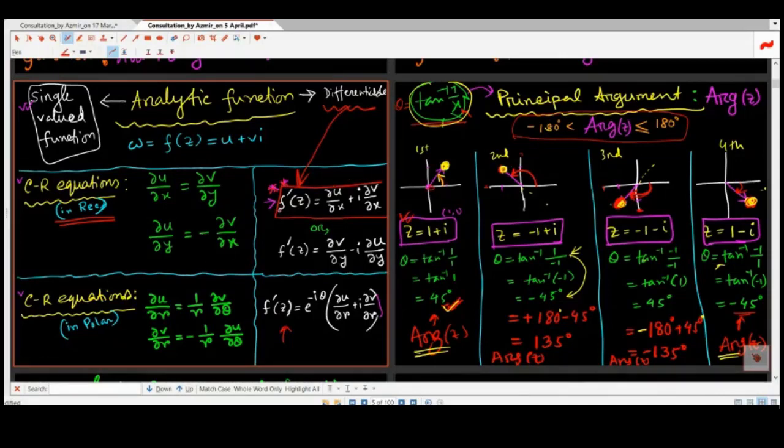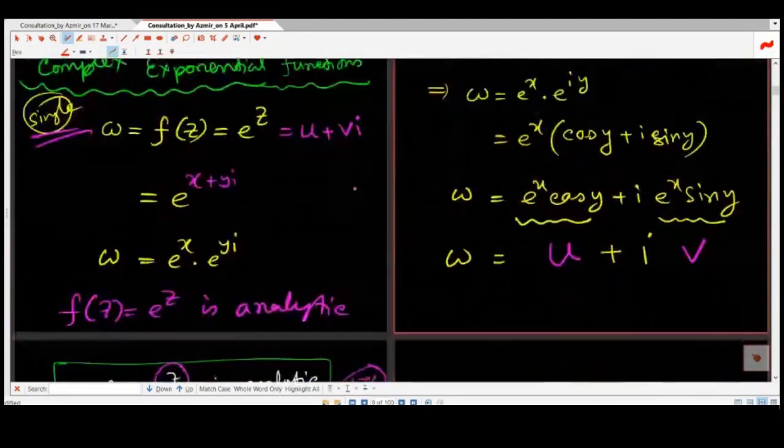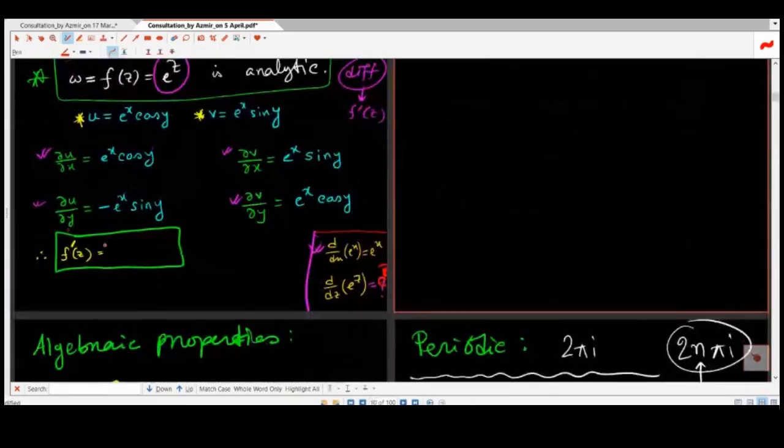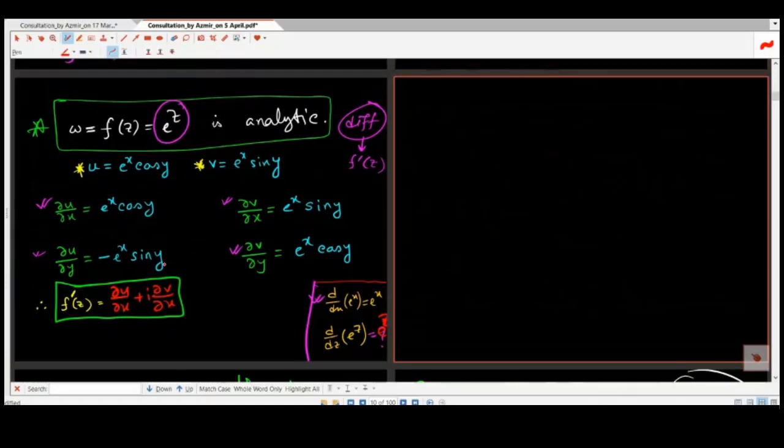If we need to find the first derivative, f prime of z, that can be found this way: du dx plus i dv dx. Our target is to find the derivative of e to the z, that is d dz of e to the z, or f prime of z.